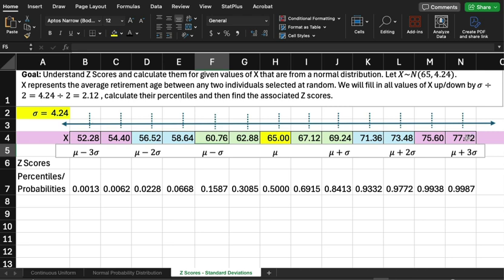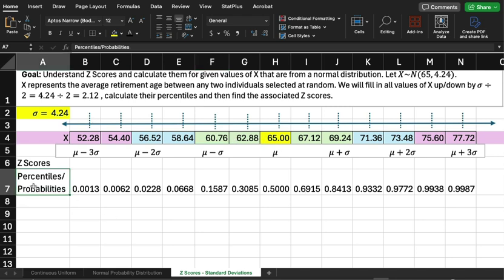Those numbers, however, are extremely unlikely for this distribution. So we're going to just use those numbers and consider how we can find the associated z-scores for those x's.